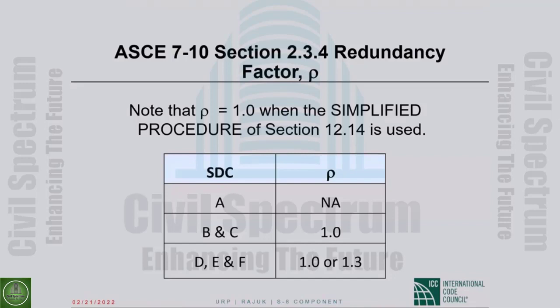Now, if your design category is A, there is no seismic design, and what the rho value is is immaterial. You don't have design category A in Bangladesh, so that goes out. For B and C, very importantly, rho is equal to 1. D, E, and F, you don't have E and F. Design category D, rho can be 1 or 1.3.